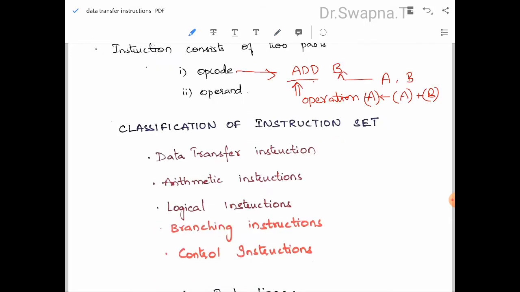Next, classification of the instruction set. The 8085 instruction set is divided into data transfer group, arithmetic group, logical, branching and control instructions. In this session, we will discuss the data transfer group of instructions.